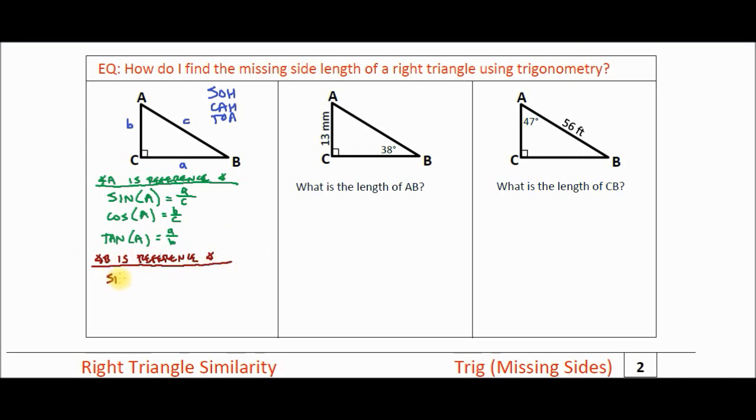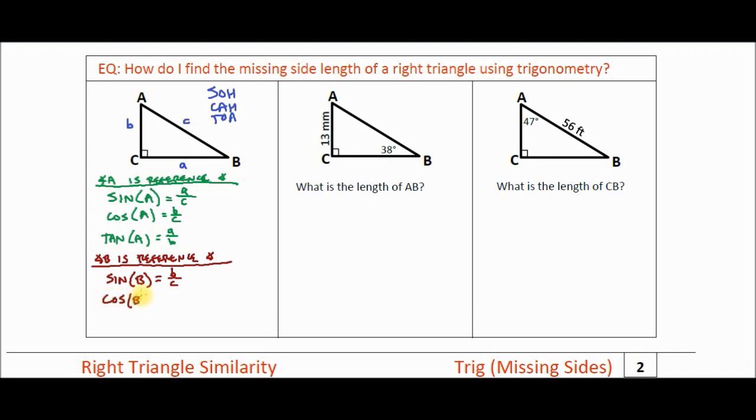Now sine of B. Since sine is opposite over hypotenuse, the side opposite to angle B is small b. C is, of course, always the hypotenuse. So now the sine of B is b over c.